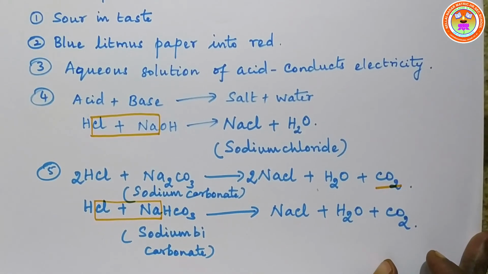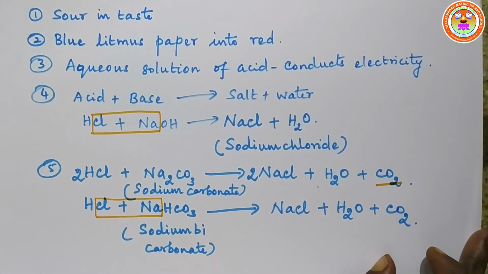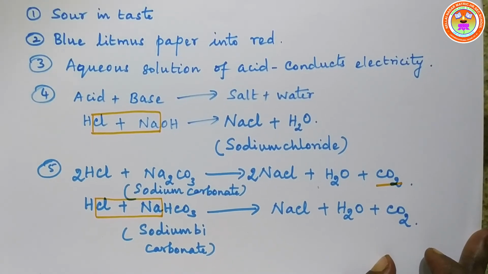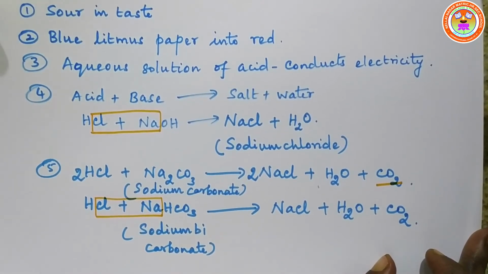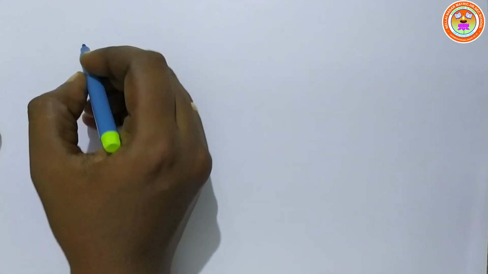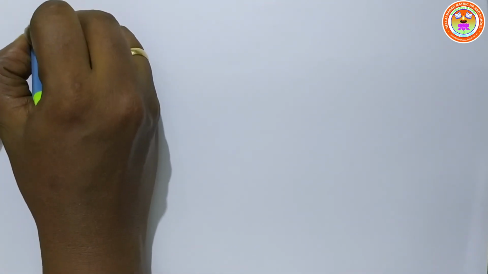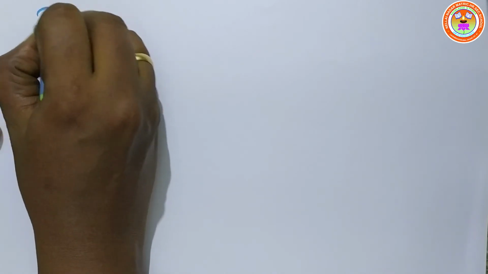Okay children, then we have some more properties of acids. Whenever an acid reacts with a metallic oxide, it is the 6th property.